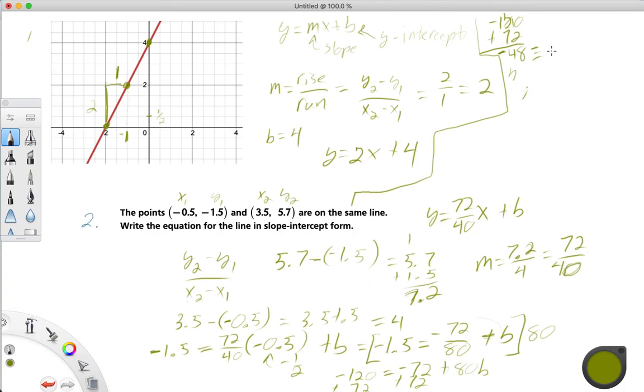Okay, so negative 48, we'll just use a triple equal sign because it's really equal to it, equals 80b. So b would equal, we're going to divide 80 from both sides.